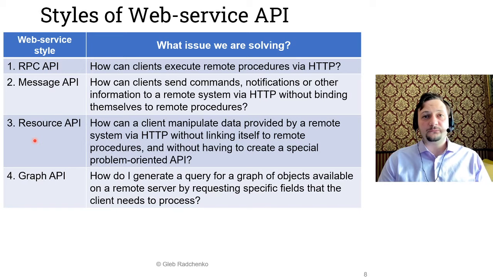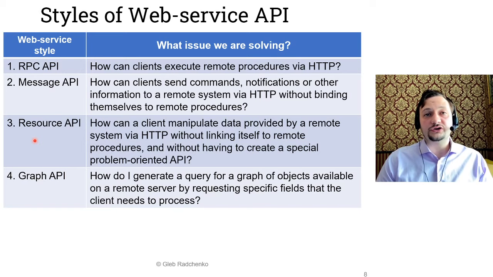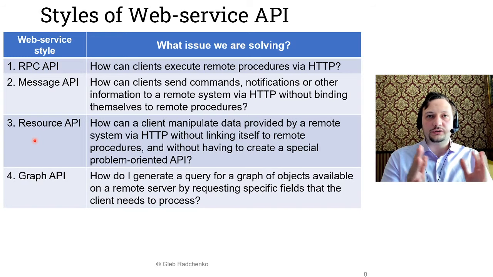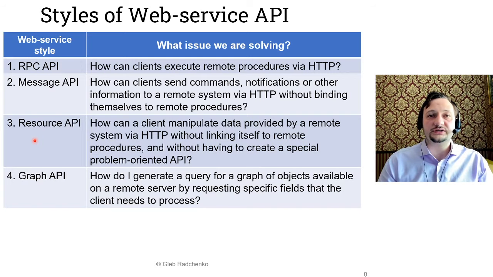Because if we want to create a client for a social network, for example Facebook, then it would be very hard to create a resource for each of the elements of the Facebook social graph, because there is an enormous amount of elements that are interconnected.